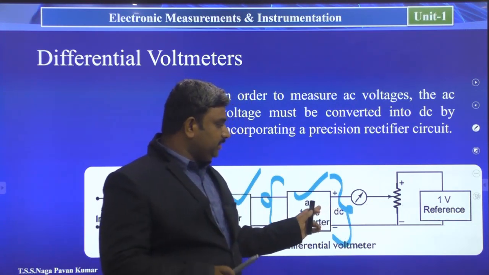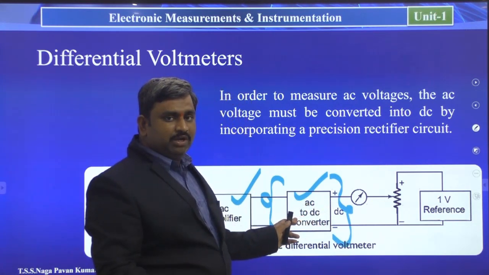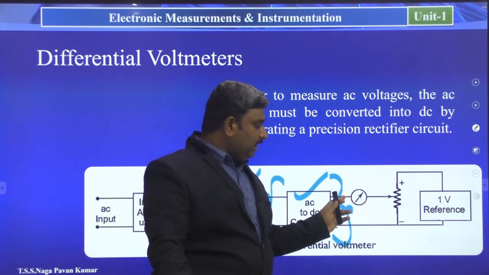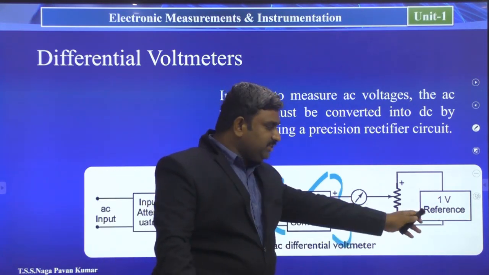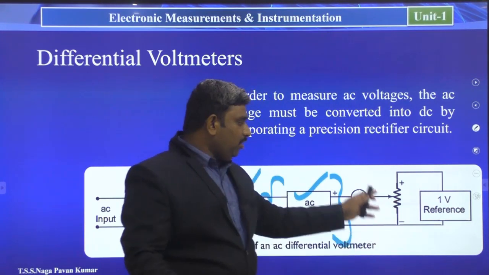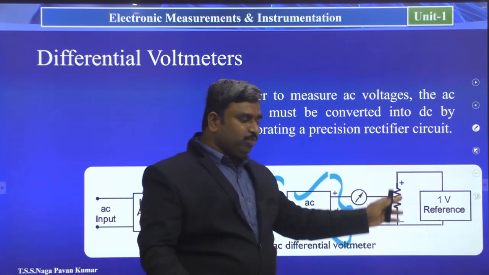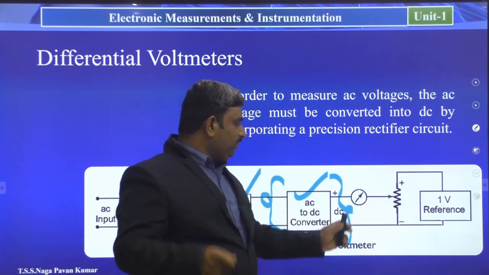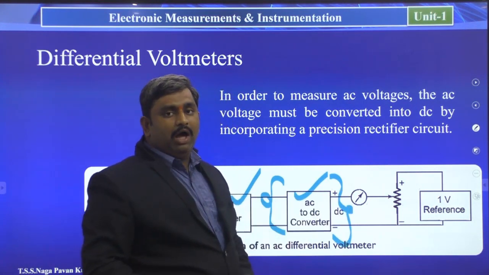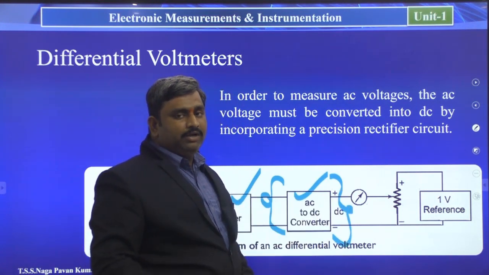This unknown DC voltage is connected to the null indicator, and the reference and potentiometric sections are already available. After getting this DC voltage, we vary these resistances until we get 0 on the null indication display.